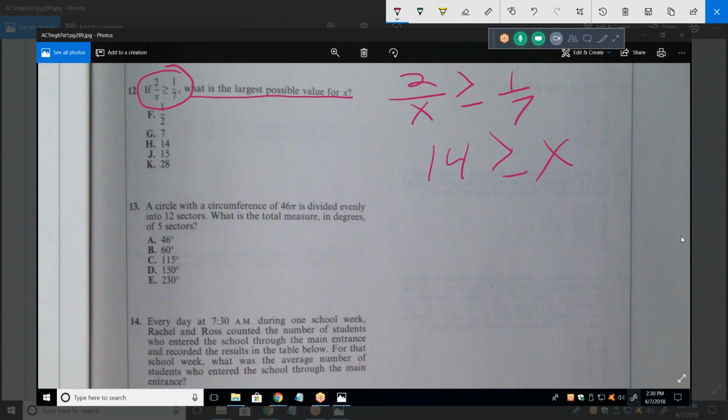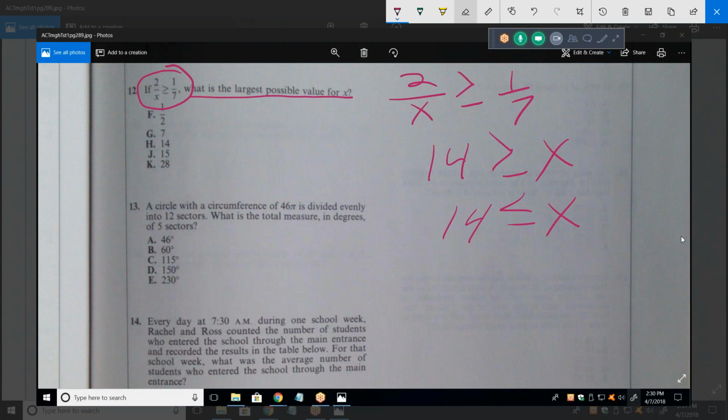The problem is that I don't know if x is positive or negative. If x is positive, that's true. But if x is a negative number, I've got to switch the sign. So the answer would really be this if x was negative.